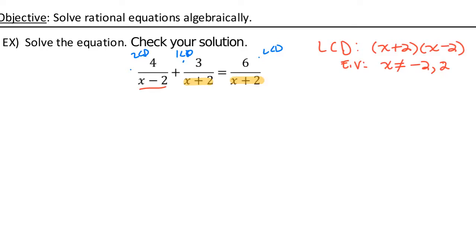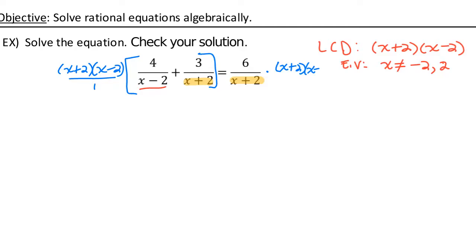You can rewrite it into like 3 different fractions, but I'm just going to use brackets here to show that I'm going to multiply both of them by the LCD. So my LCD is x plus 2 times x minus 2 over 1. And I have to do the same thing on the other side. So on the other side, I have x plus 2, x minus 2 over 1.